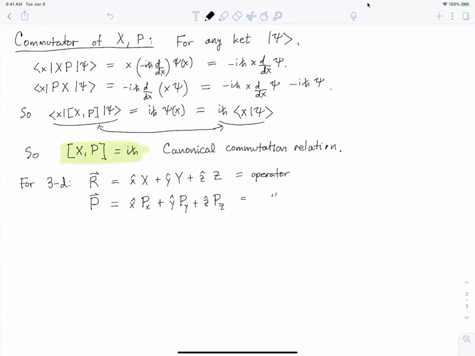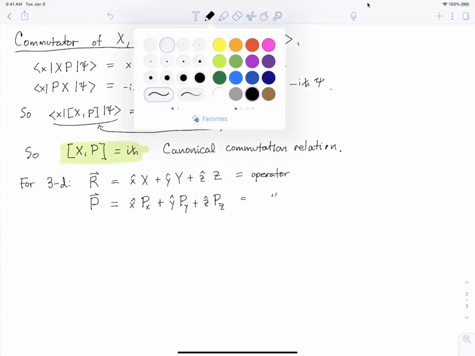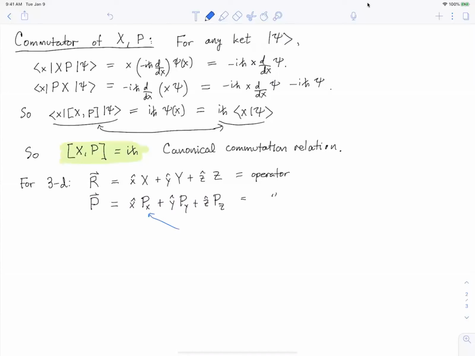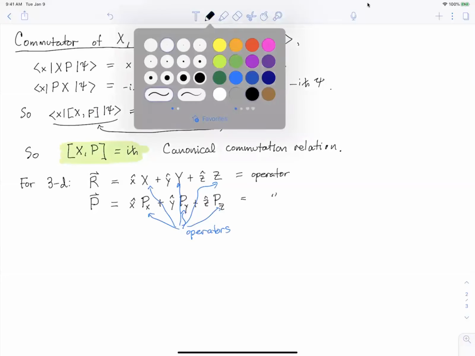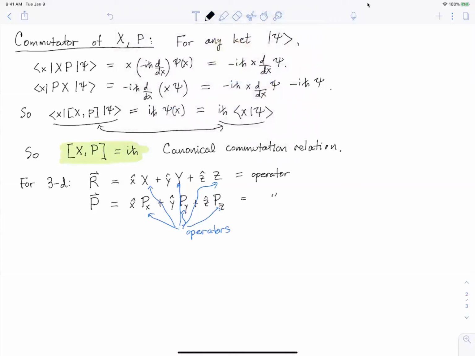And within them, they each contain operators. So each of the components are operators. But the x hat, y hat, and z hat are constant vectors, not to be confused with vectors on the Hilbert space.